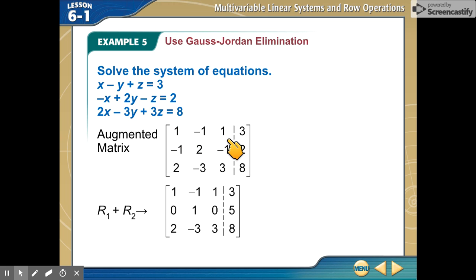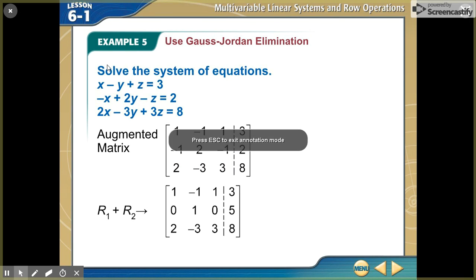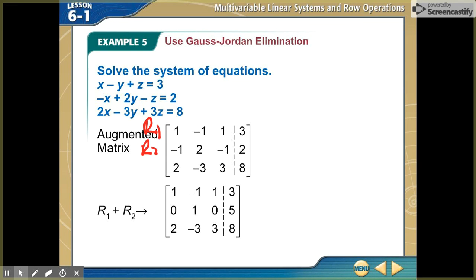If I look at my first row here, 1, -1, 1, and the row below it, -1, 2, -1, and think about these as R1, R2, R3, if I add the first 2 rows together, the 1 and the -1 cancel. Then -1 plus 2 is going to go to 1, and -1 and 1 is going to go to 0. I rewrite that expression there, and then the 3 and 2 add up.